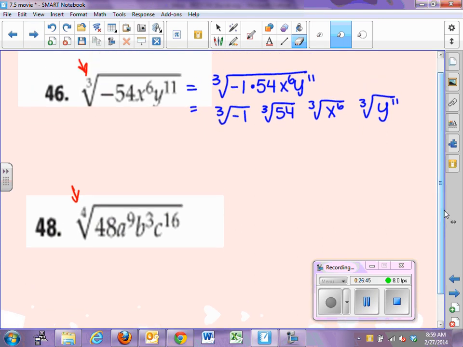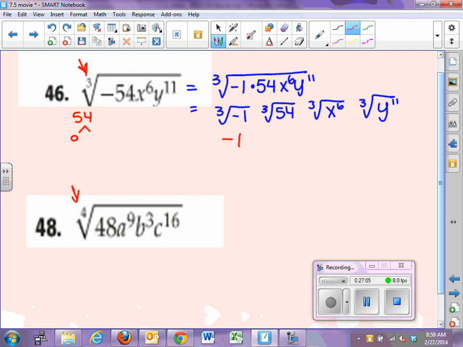So what's the cube root of negative 1? What number times itself 3 times gives me negative 1? Well, it's negative 1. So that one's easy. Now let's talk about the cube root of 54. Let me show you how I do it. I'm going to make a tree again, and break it down into the prime factorization.